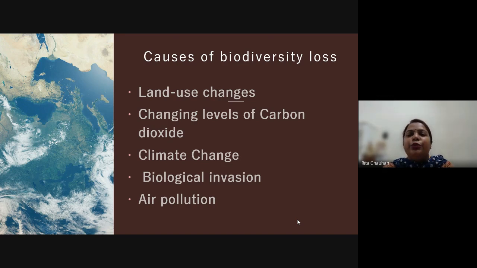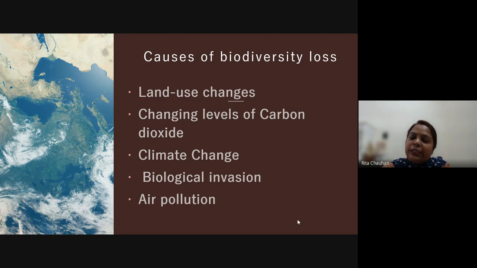Basically, due to the carbon dioxide increase and climate change, two main things happen. The first one is temperature increase, and the second is that rainfall patterns change.